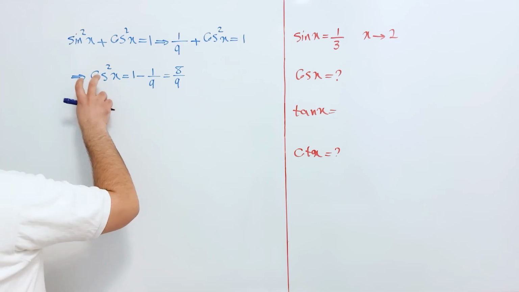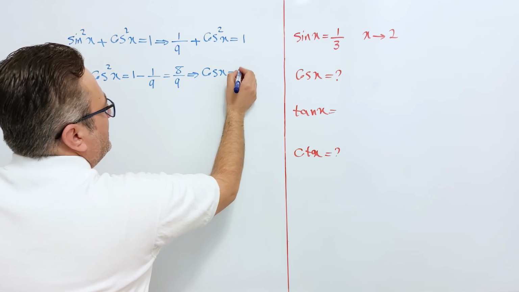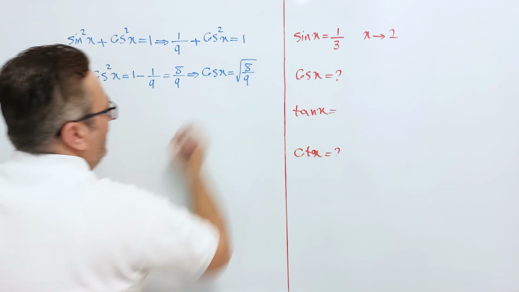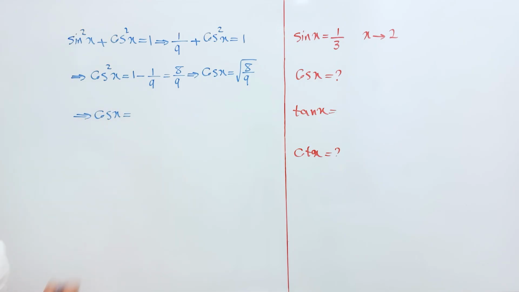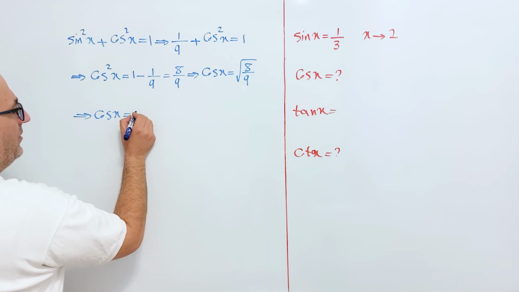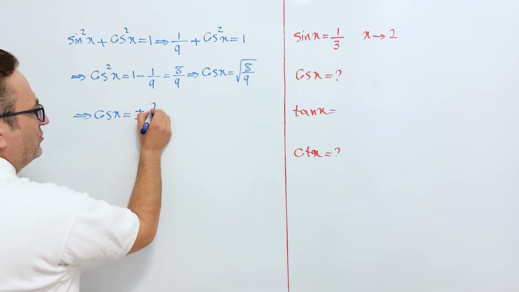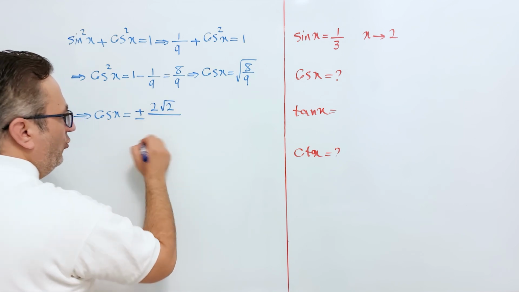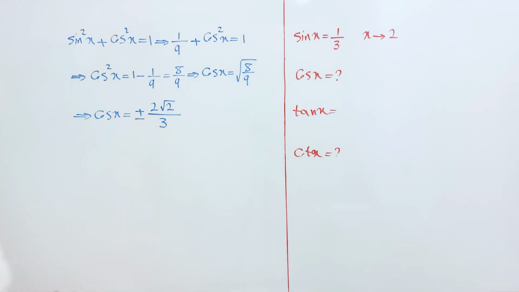So cosine x is equal to plus or minus the square root of 8 over the square root of 9, which is 3.